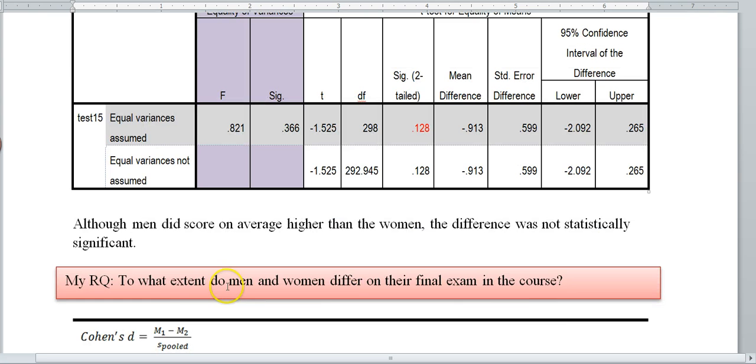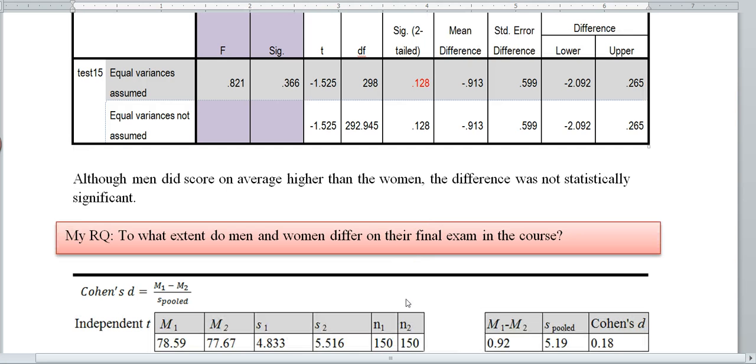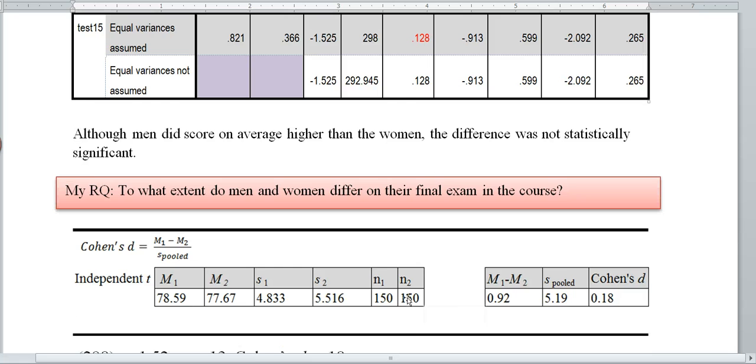So back to our research question: to what extent do men and women differ on their final exam in the course? Well, we know they do differ, but not statistically significantly different. So to what extent? Let's look at the effect size. Again, you use the Excel sheet that I provide for you within Blackboard, and all you need to do is put in your values for the two groups.